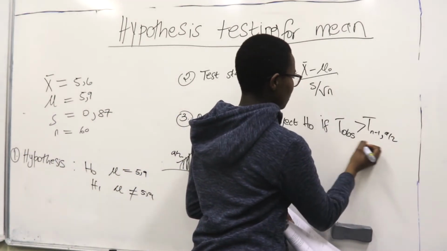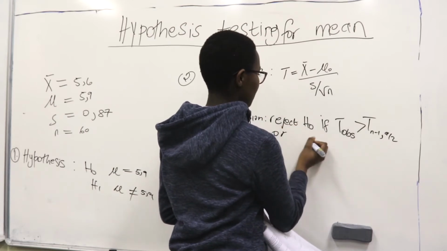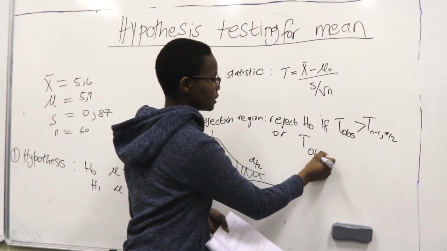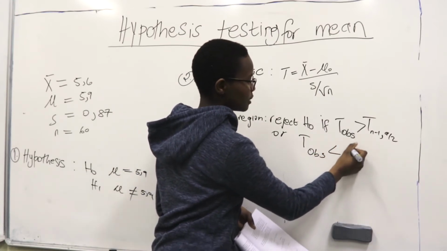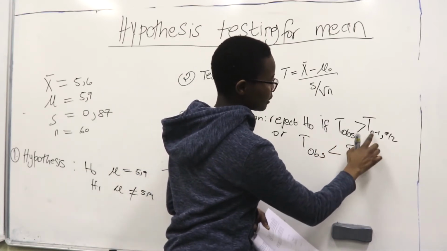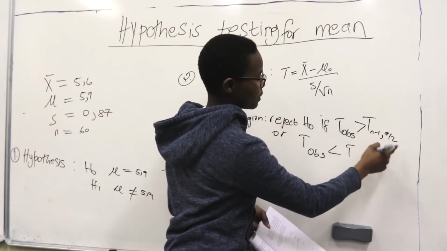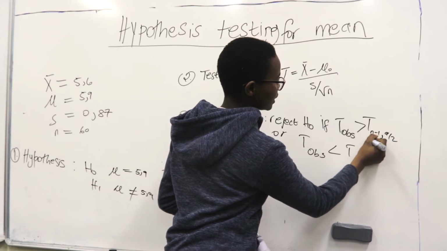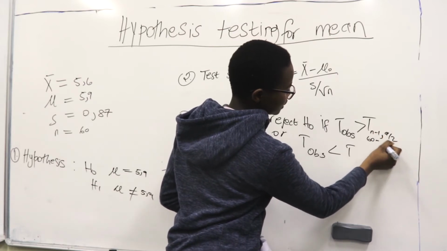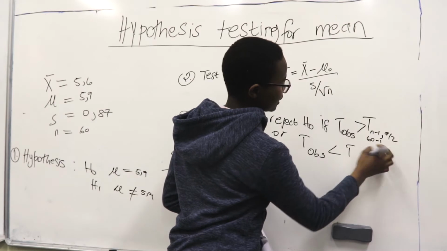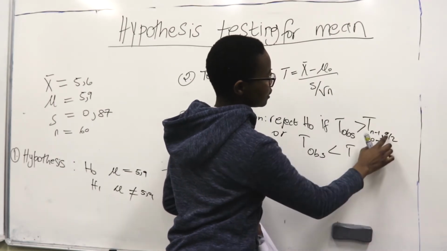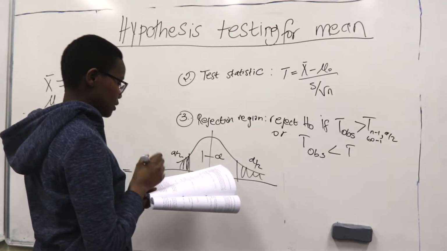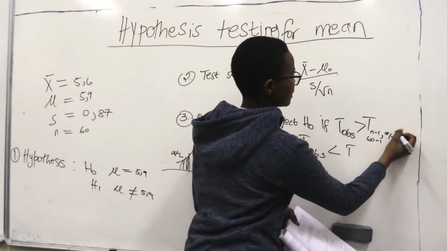Or you reject H naught if T observed is less than T with n minus 1. Your n is actually 60, then minus 1, so it's going to be 59, and then your alpha is 0.05. Let me write it down here.